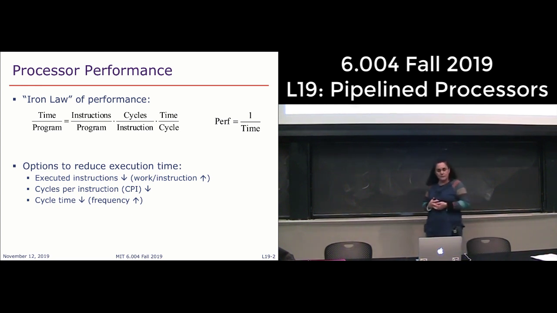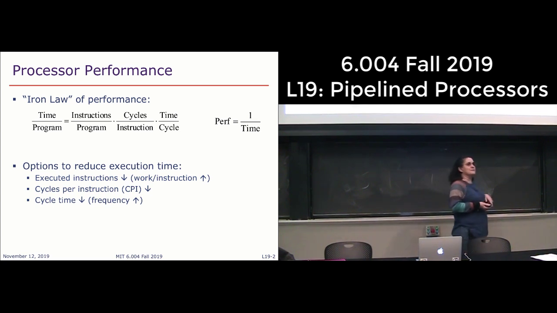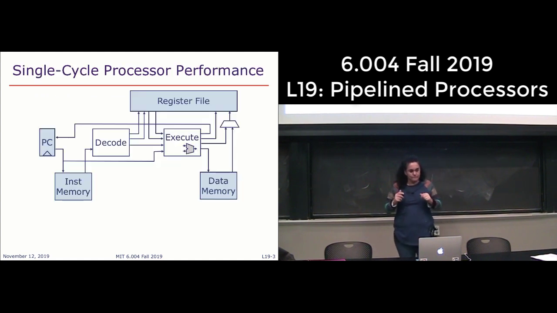So the thing we really want to work on is the time per cycle. If we can bring the cycle time down, then we can bring the total time it takes to run our program down, and our performance is inversely proportional to the amount of time it takes to run our program, so that would improve our performance.